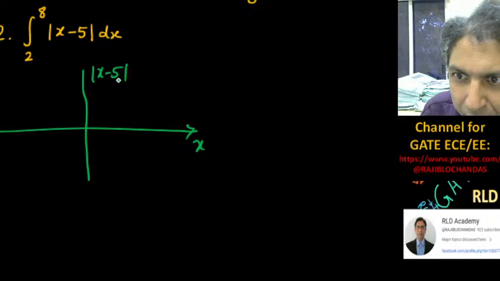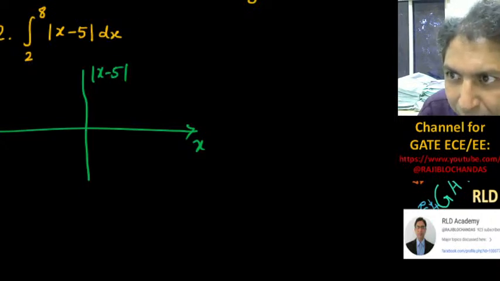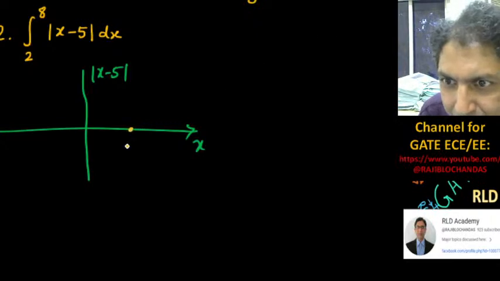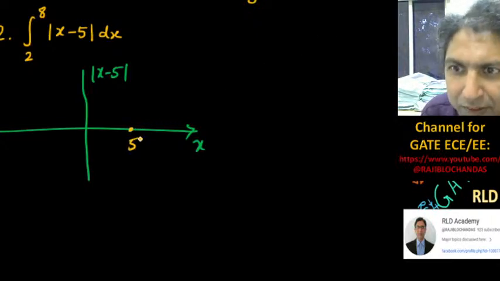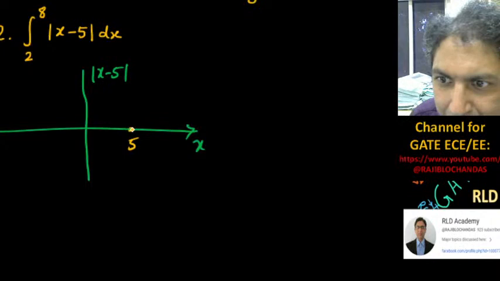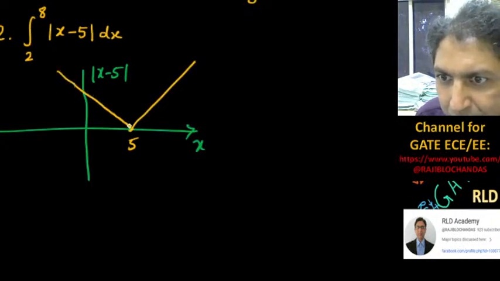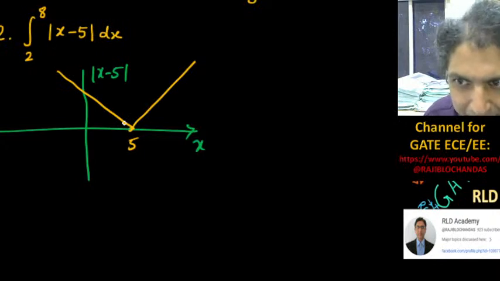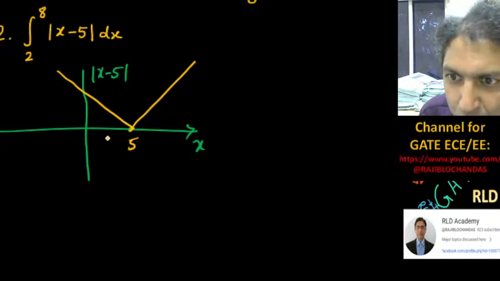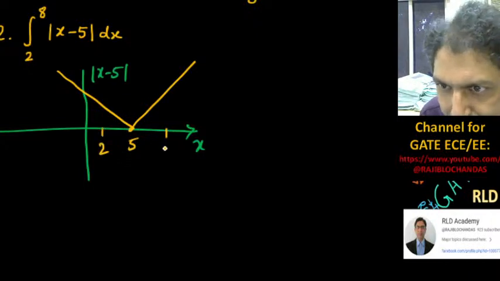So the vertex will be at x equals 5. There is the vertex, and now you can see it is 2 to 8. This could be 2 and this could be 8.